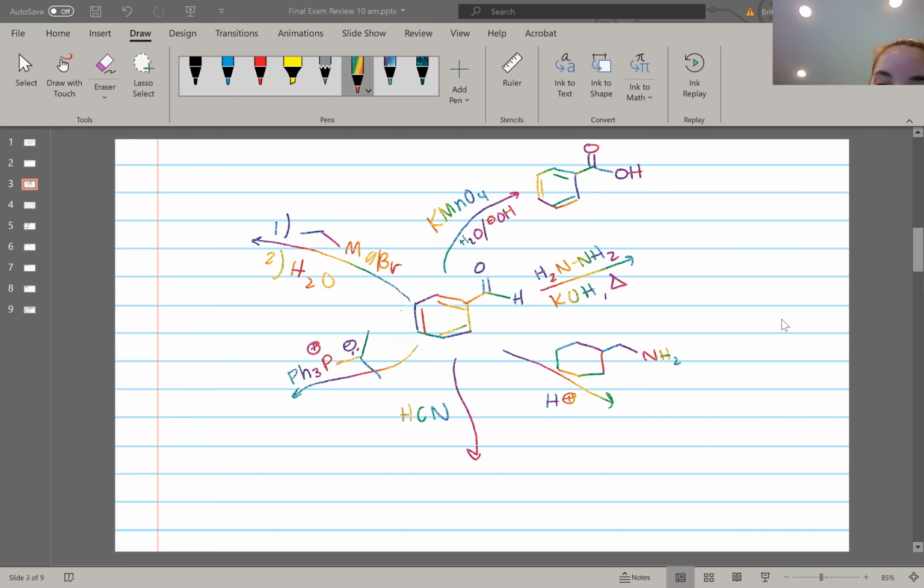Yeah, we're going to reduce it to what? What's going to be left on the benzylic carbon? I can kind of hear that somebody is saying something, but I can't hear what.